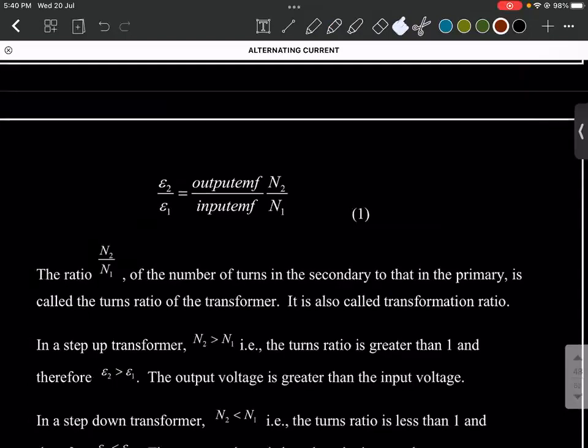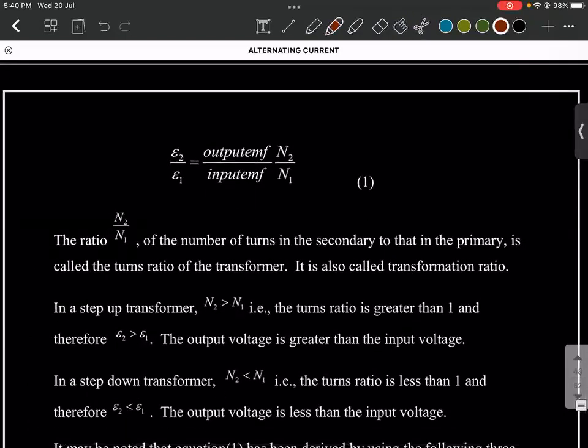The next point is, you have this N2 divided by N1, right? Not N1 by N2. You have N2 divided by N1, that is the number of turns in the secondary to that in the primary, which is also given a name, called the turns ratio, or the transformation ratio. Sometimes they will give you the number of turns and then ask you to find the turns ratio.